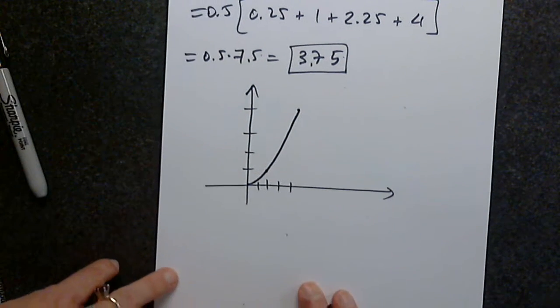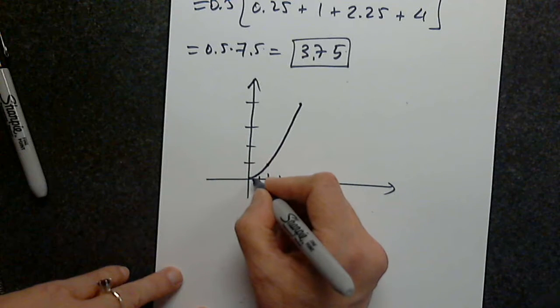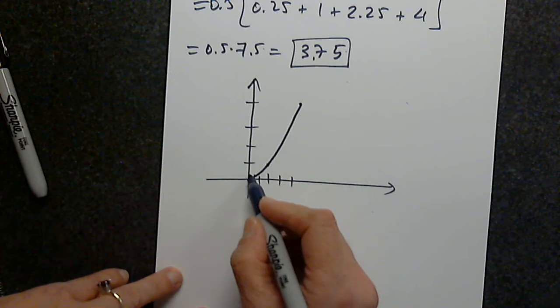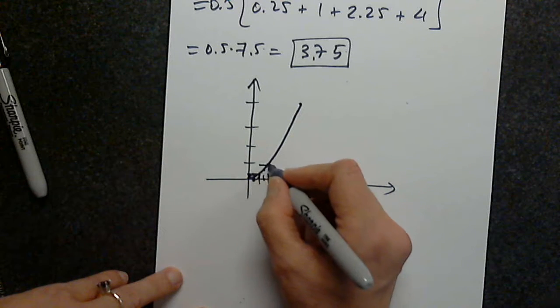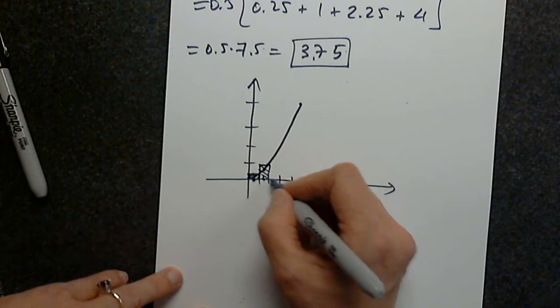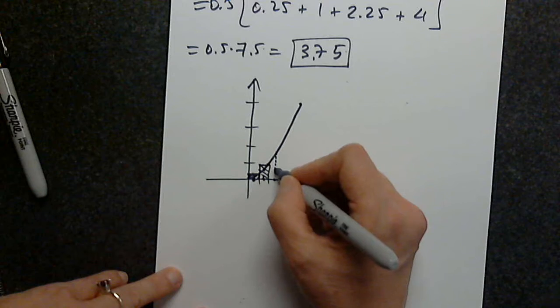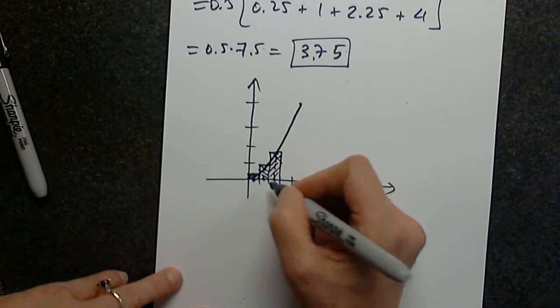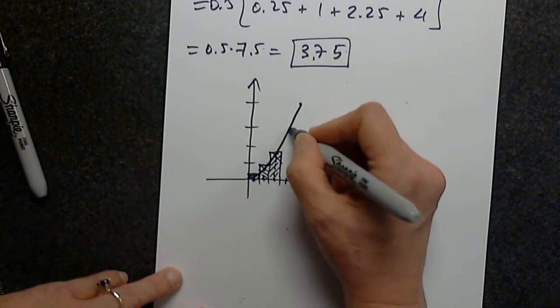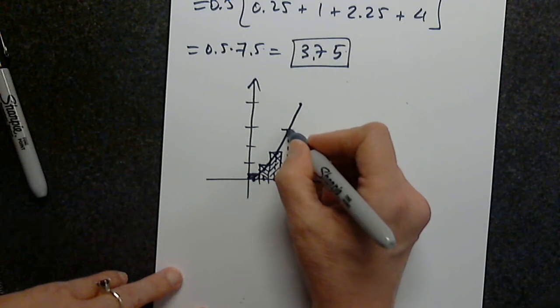Okay. Now I have to use the midpoint, and I draw the height. I use the midpoint, and I draw the height. I use the midpoint, I draw the height, and I use the midpoint, and I draw the height.